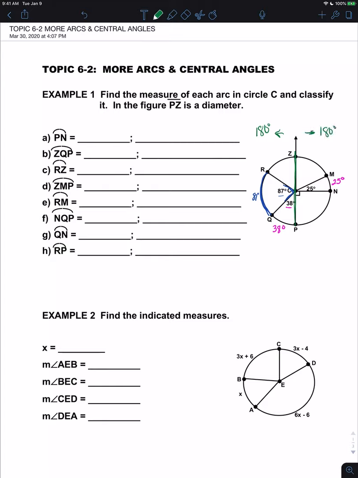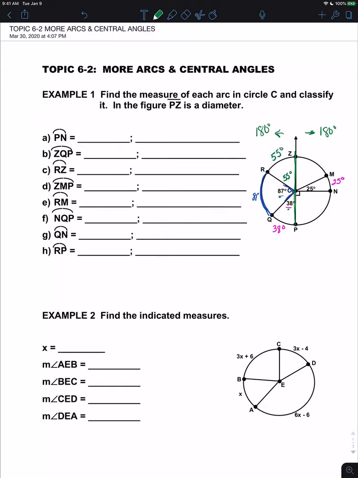Well, if I've got two of these measurements here, we can just say, what's 180 minus 87 degrees minus 38 degrees? That leaves us with 55 degrees. So this angle inside here is 55 degrees and the arc is 55 degrees.